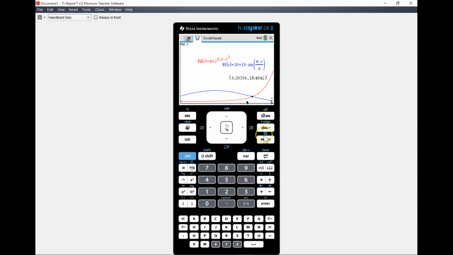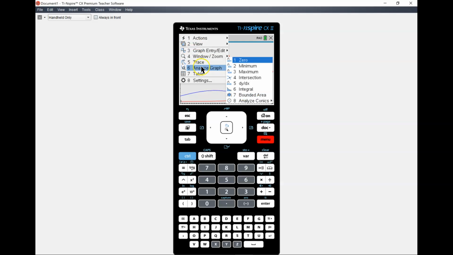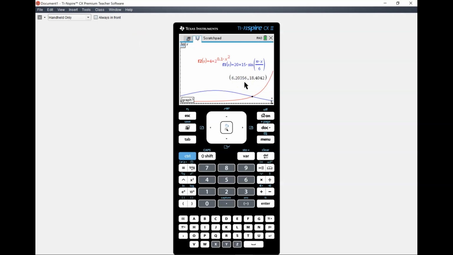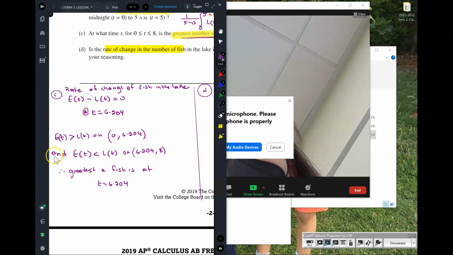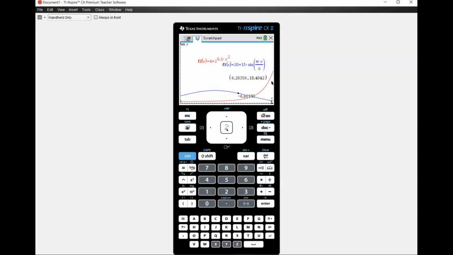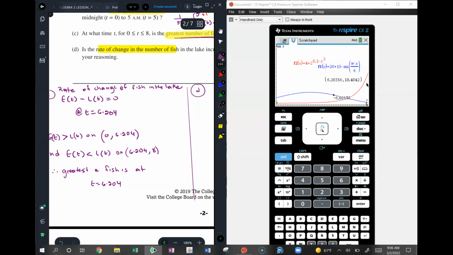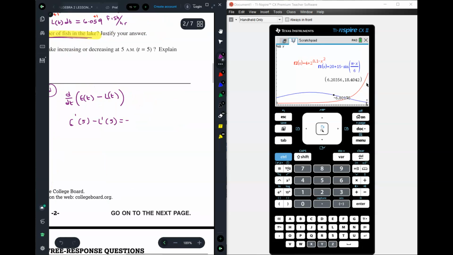Okay, so what's E prime at 5? Menu, analyze graph, dy/dx of this graph at 5 is negative 6.8, right? What was it in the full? Negative 6.802. Minus, what is it over here?